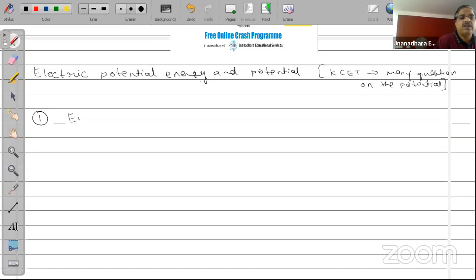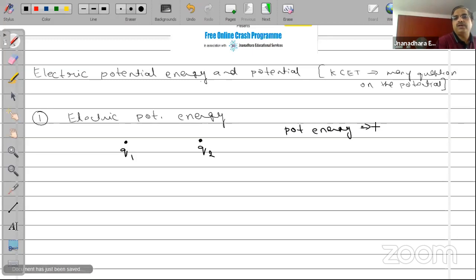I will first of all look at the electric potential energy. Now, what is electric potential energy basically about? If we consider two charges, Q1 and Q2, then the potential energy is always defined as the work done against the electrostatic force.